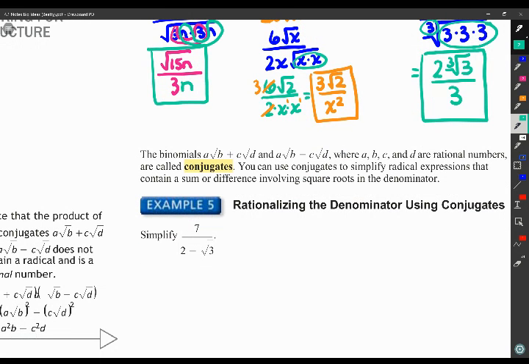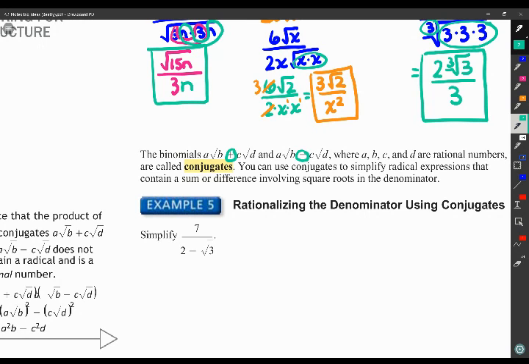So notice that you either have it saying plus or you have it saying minus. So it's 2 terms combined together. And when that's the case, then we need to multiply by the conjugate in order for me to get the radical to go away in the denominator.